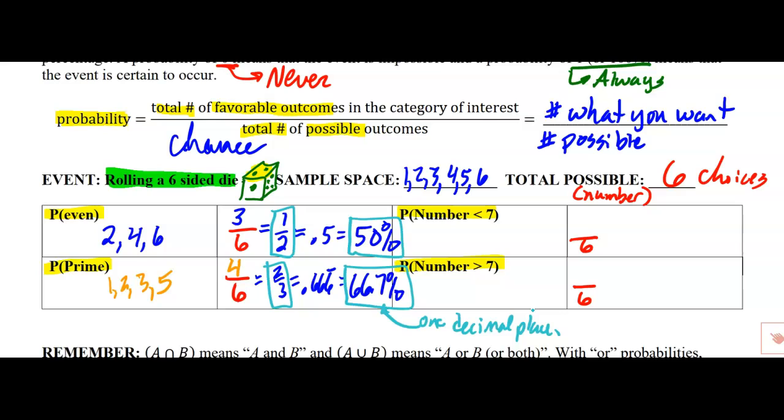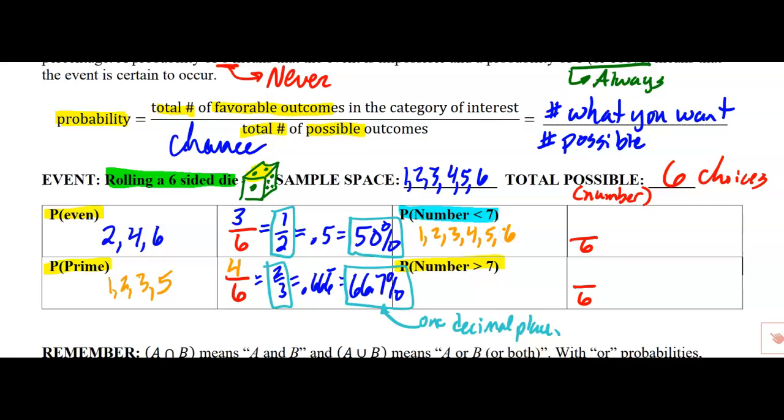All right, the next two can be a little bit tricky, but what I'm looking at is what numbers are less than 7. So if I look at my sample space up here, what numbers are actually less than 7? Well, 1 is less than 7, 2 is less than 7, 3, 4, 5, 6.